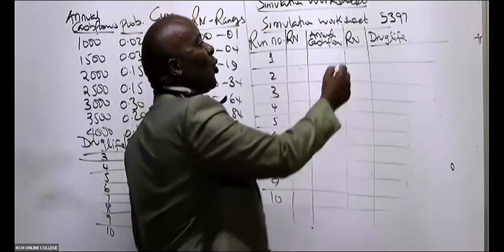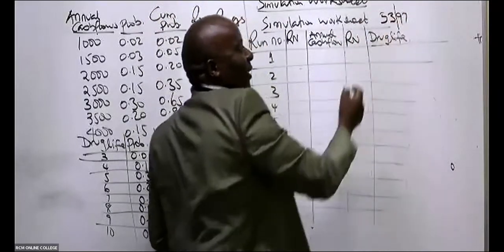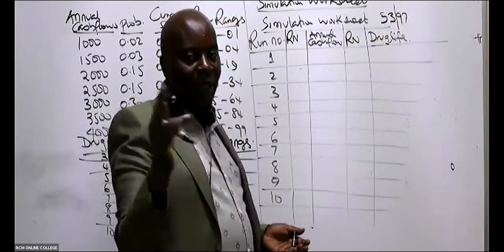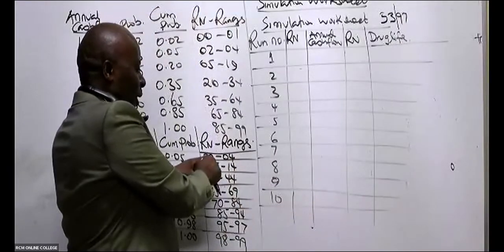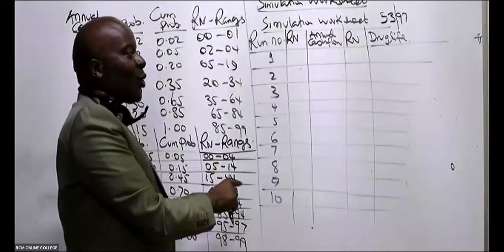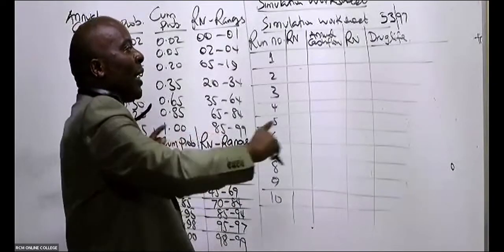So what we're supposed to do is to dissect this and subdivide it into 2 digits, because you remember our decimal places were 2. And remember, we are doing one run until we complete.